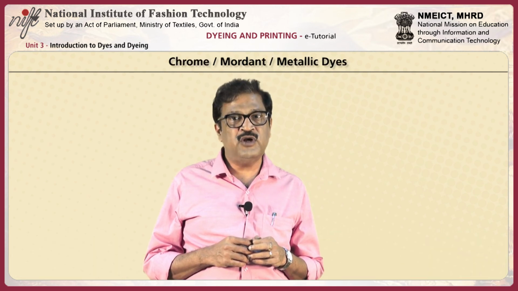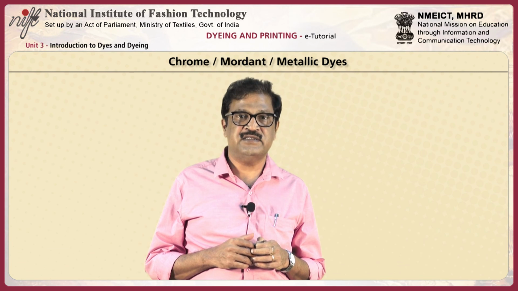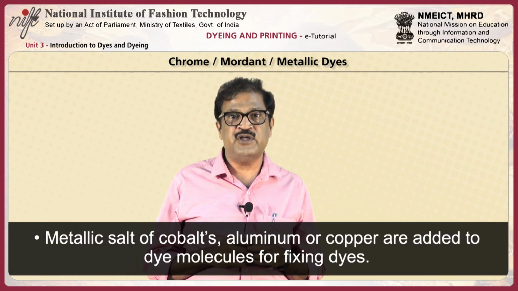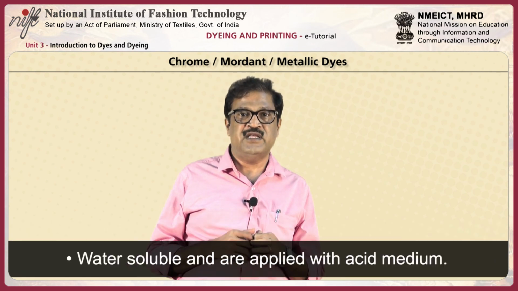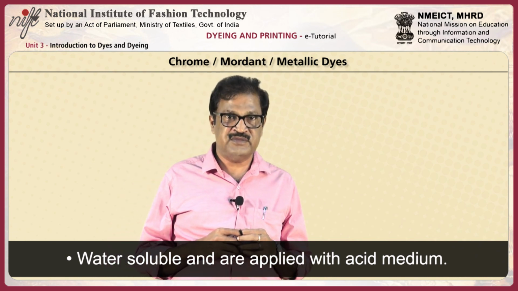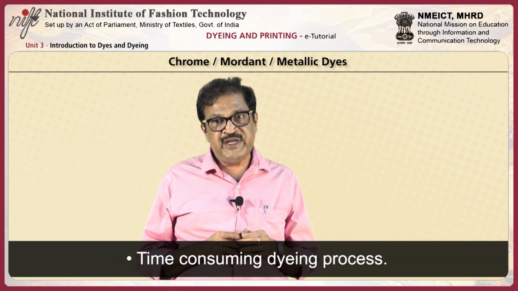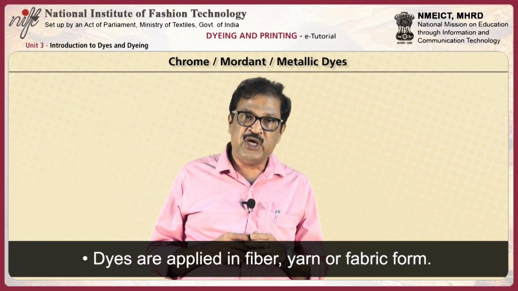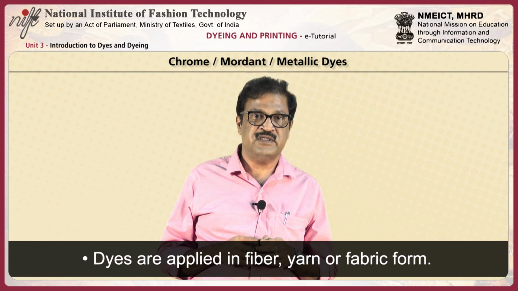Chrome or mordant or metallic dyes. Metallic salts of cobalt, aluminum or copper are added to dye molecules for fixing dyes. They are water soluble and are applied in an acid medium. The dyeing process is time consuming. Dyes are applied in fiber, yarn or fabric form.